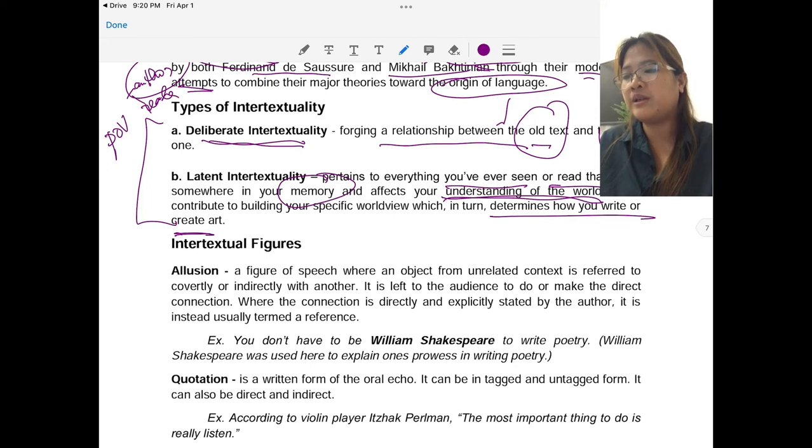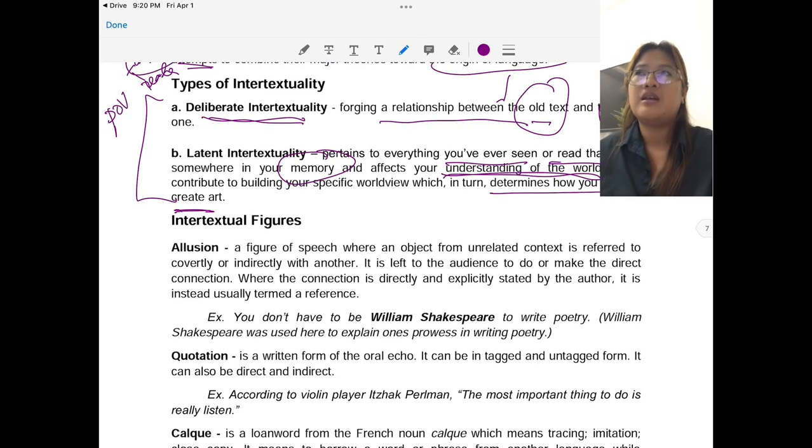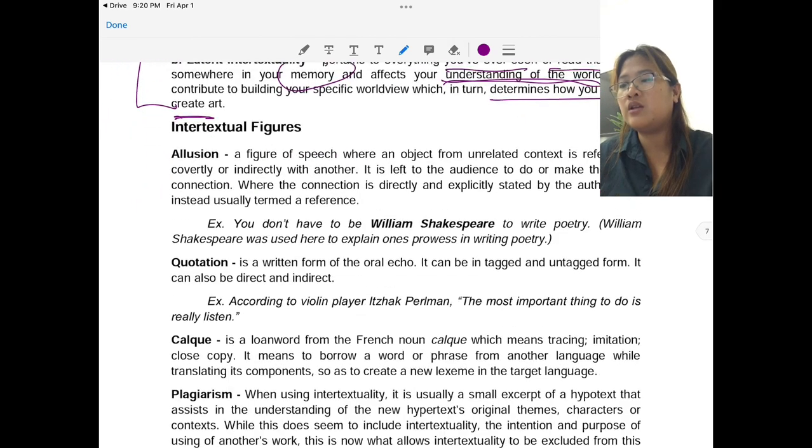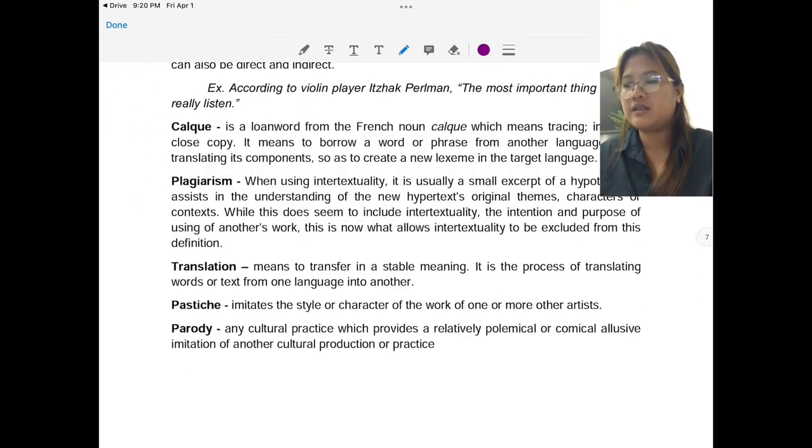For readers, they could deliberately identify the intertextuality because they might have read similar stuff, okay? And latent, unconsciously, without even the effort, they could already detect what could be alluded in the text, okay?